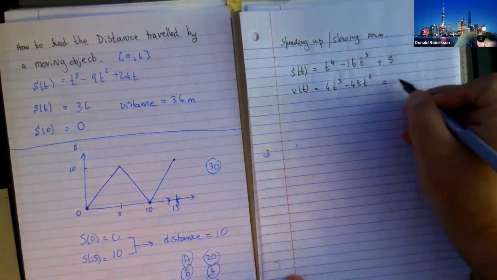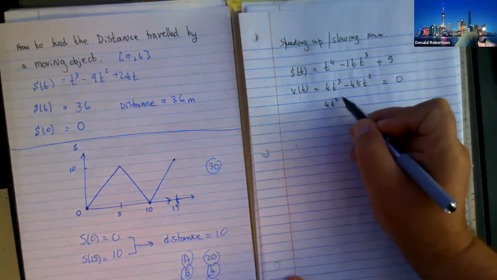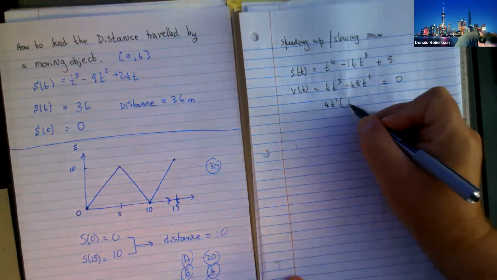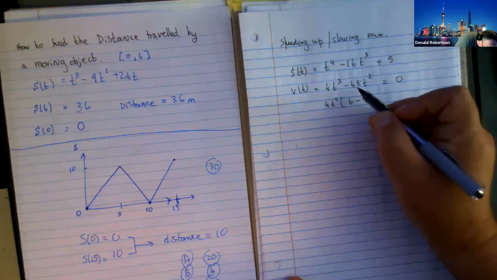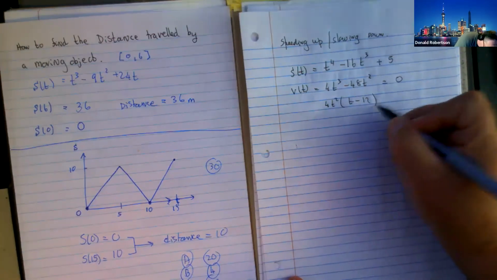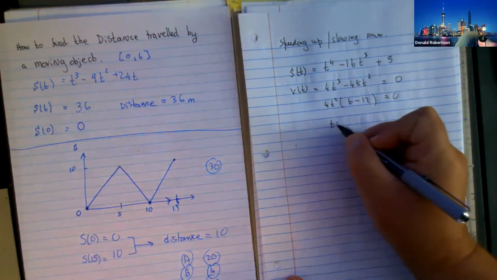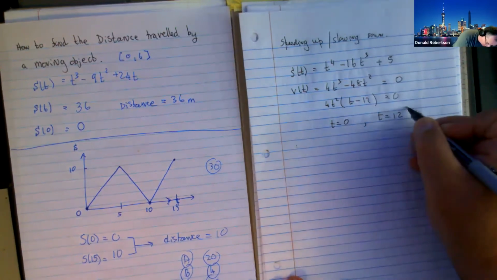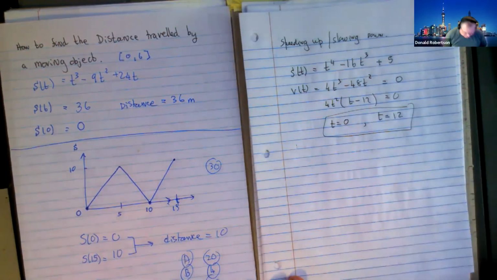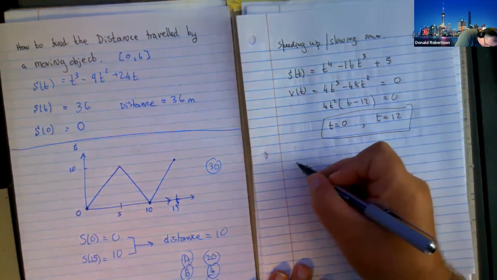And then we'll solve when is it 0. So I'm going to pull out 4t squared as a common factor. Okay, I'm going to move that to 20 so it fits. And so at t equals 0 and at t equals 12, the velocity is 0. Okay? So find when the velocity is 0. Then get the acceleration.